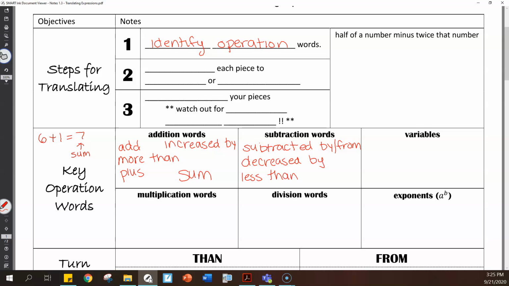And then, just like we have sum over here with addition, the result of a subtraction problem is called the difference. So if I have 8 minus 1 equals 7, 7 in this case is the difference.